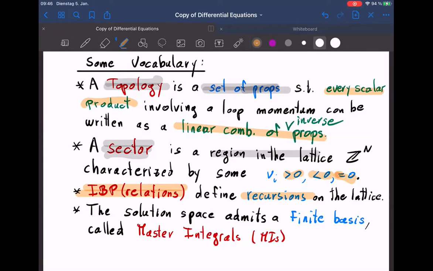Why is that a good idea? Well, remember that the nus being positive means that the propagators are raised to a positive power, so they are really denominators. So the propagator is there. While if the exponent is 0 or negative, it means that this term is either absent or in the numerator. So the propagator is not there.